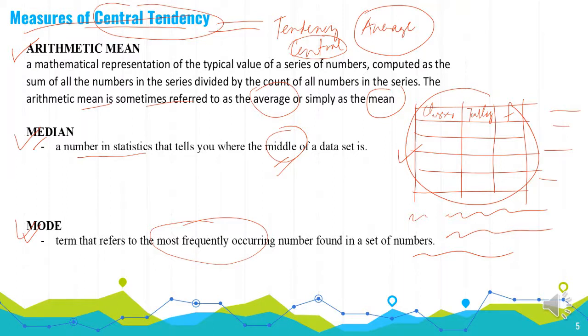In that case, you use the mode. Whether to use the mean, median, or mode is really up to the researcher or writer, whichever they think is most appropriate for the data. Usually, we use the mean. Later we will see why the mean is used instead of the mode.